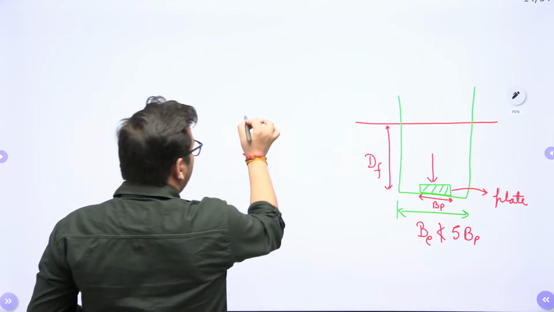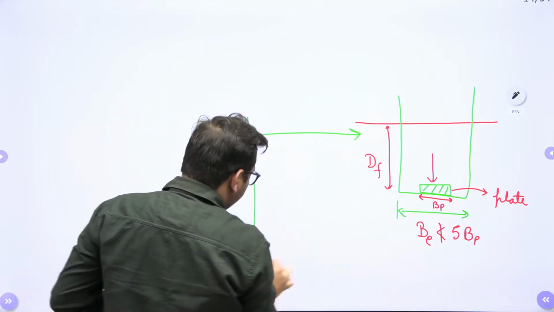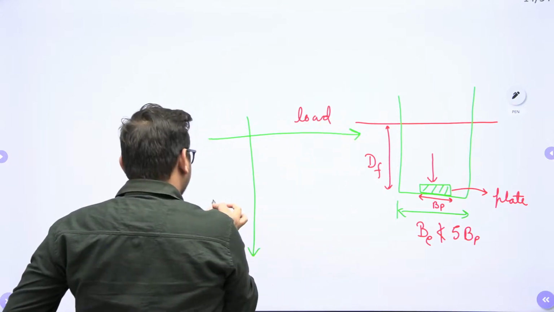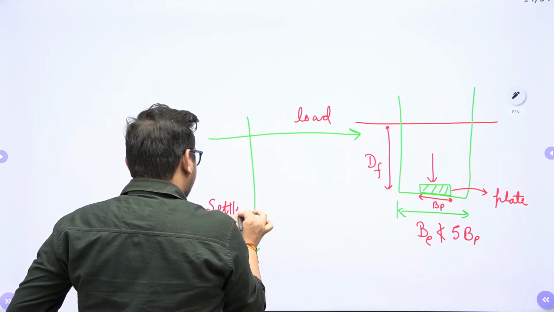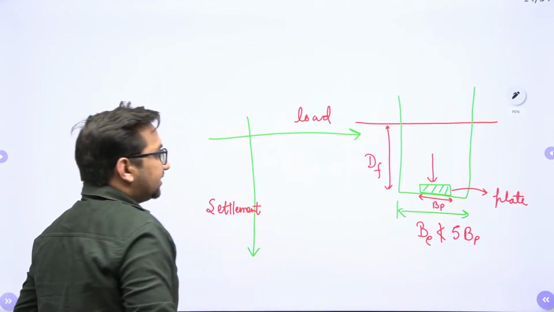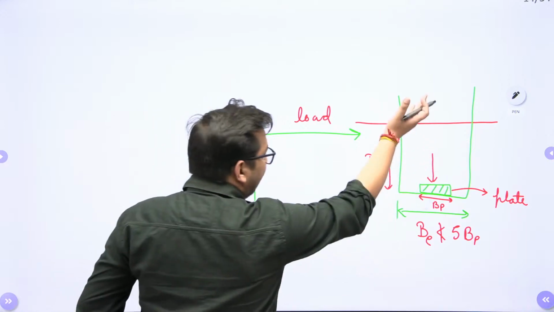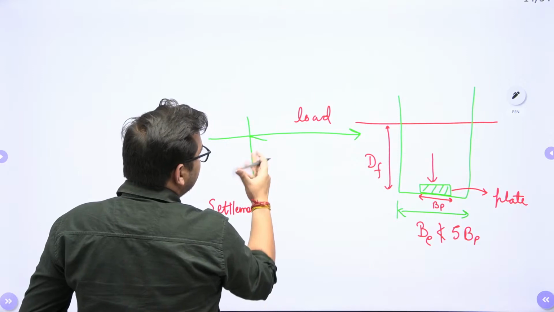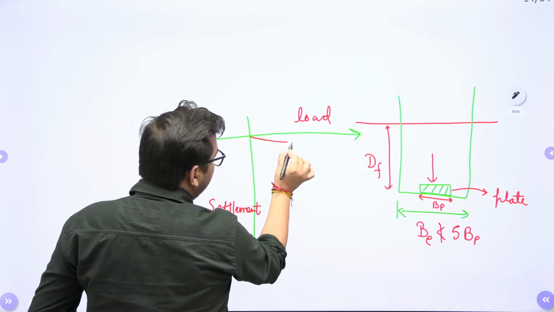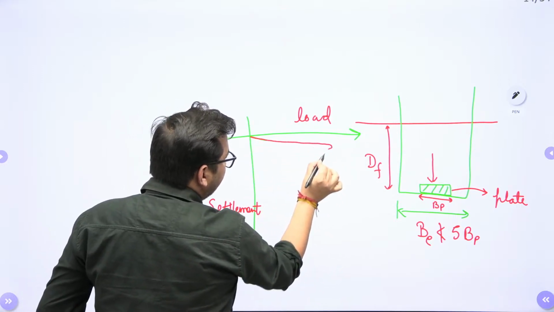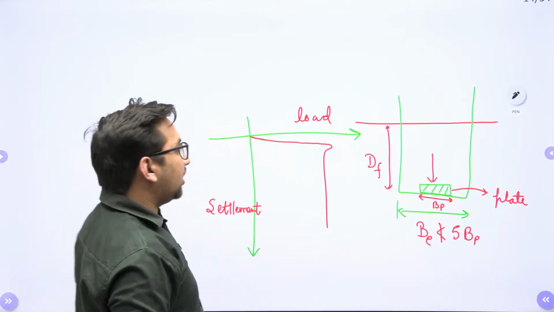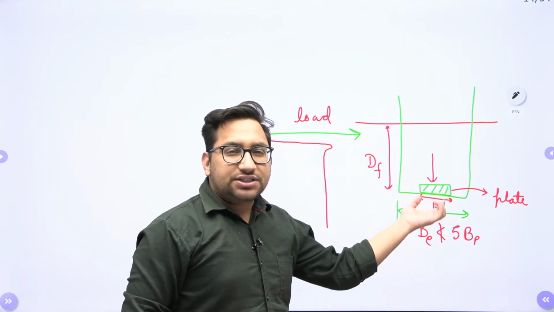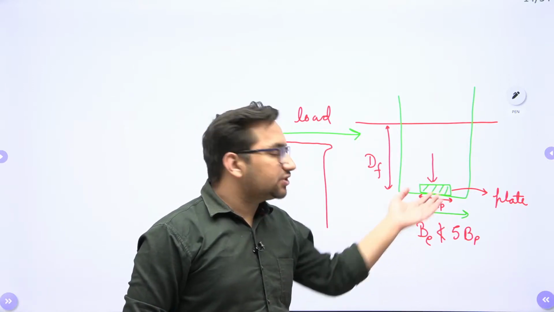So to analyze the result, what you do? We mainly construct a load versus settlement curve. We mainly construct the load versus settlement curve, right? So you keep on applying the load over this particular plate. As you are increasing the load, there will be settlement in this particular plate. At a particular load value, when the stresses over this soil are greater than the strength of the soil, what will happen?